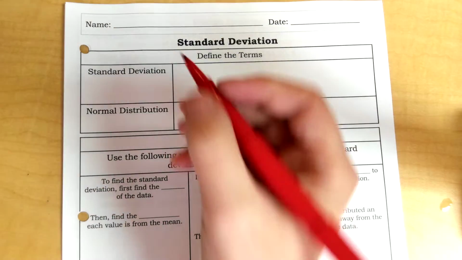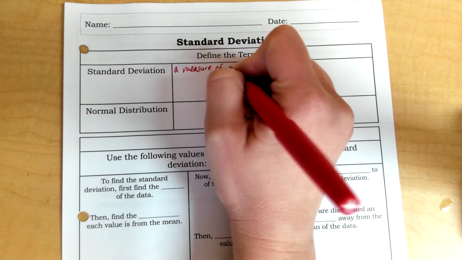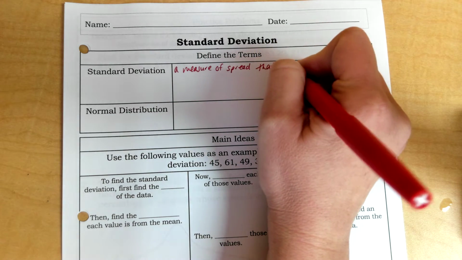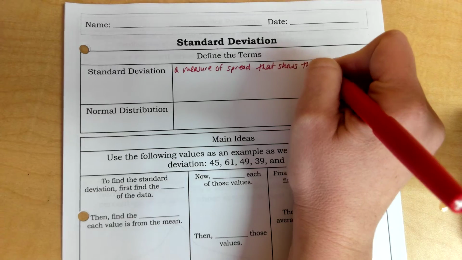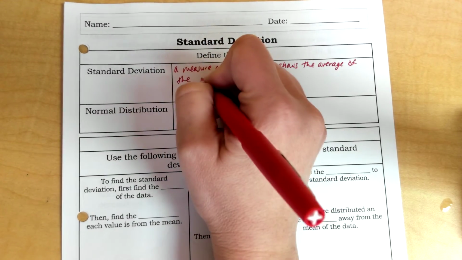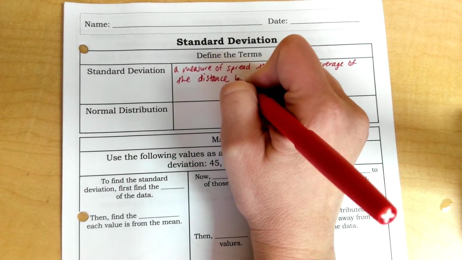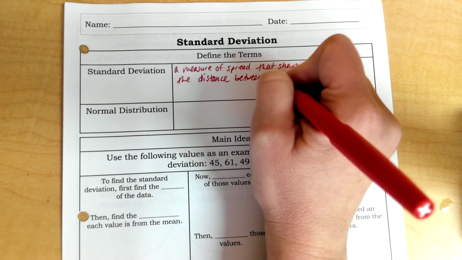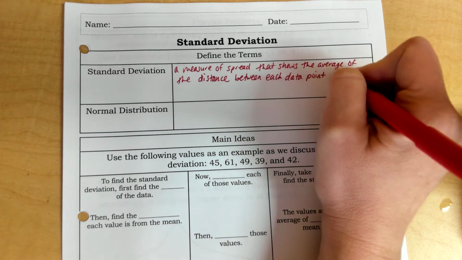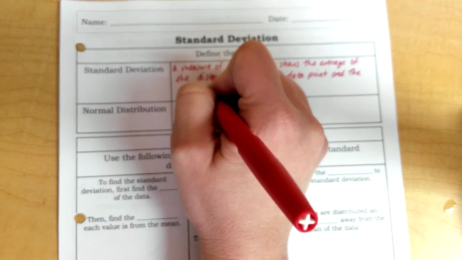So a standard deviation is a measure of spread that shows the average of the distance between each data point and the mean of the data.